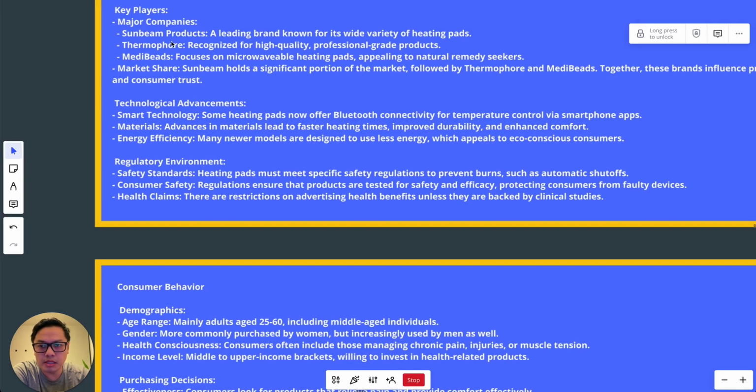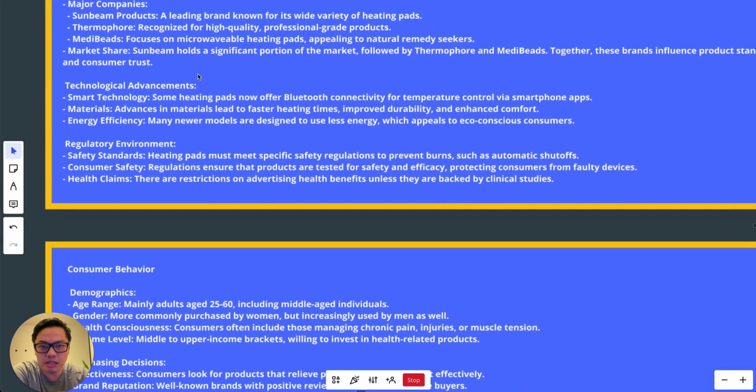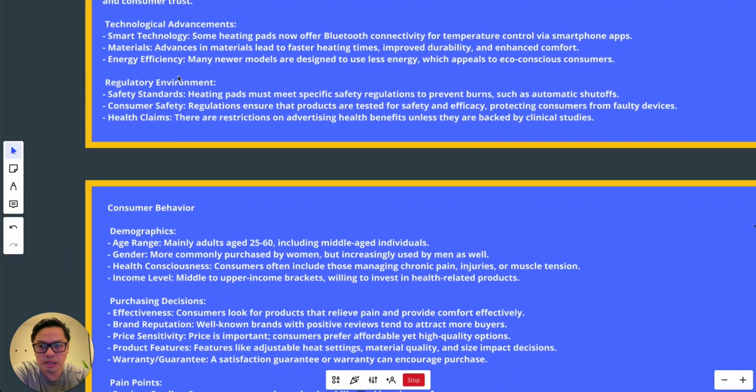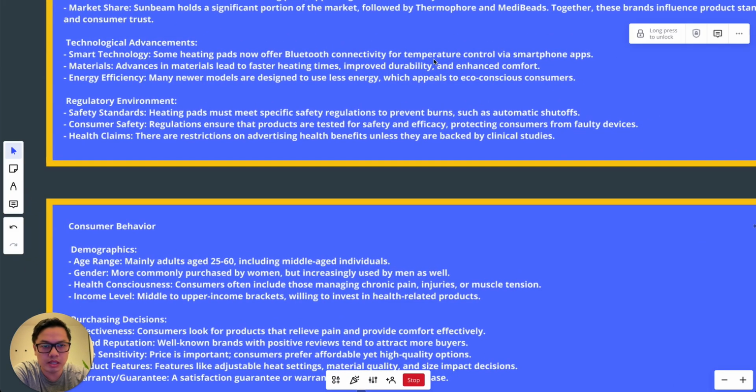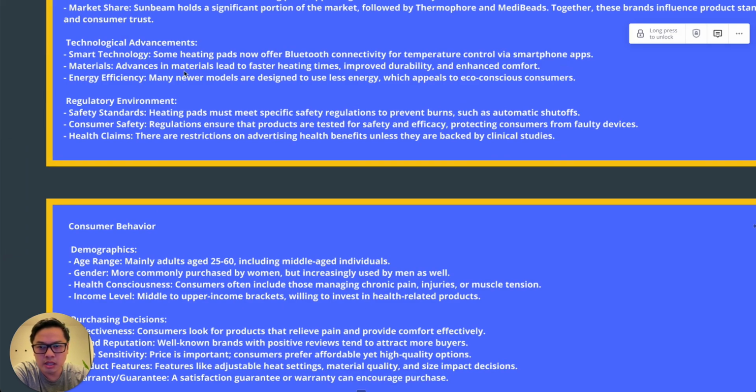Major companies. Okay, I'll just keep those brands in mind. Technological advancements. So there's Bluetooth technology controlled via smartphone. Okay, that's interesting. Materials lead to faster heating times. Okay, so there's different materials that could lead to faster heating times, durability, enhanced comfort.